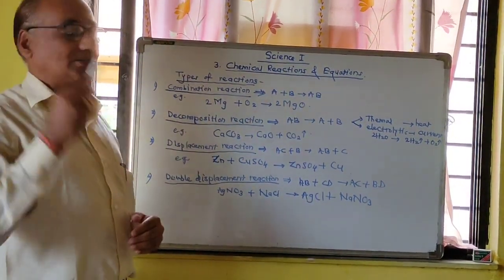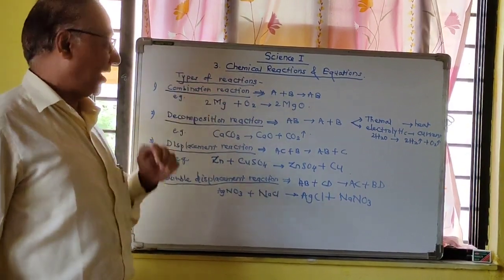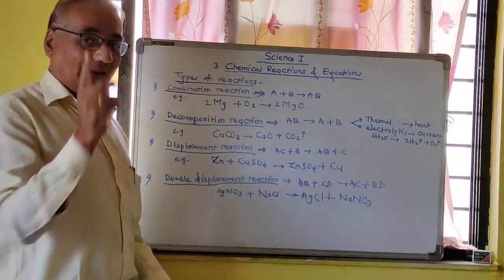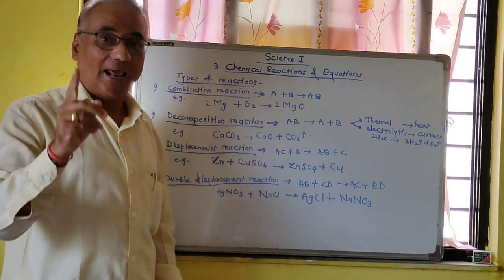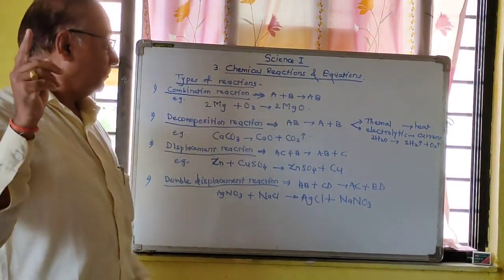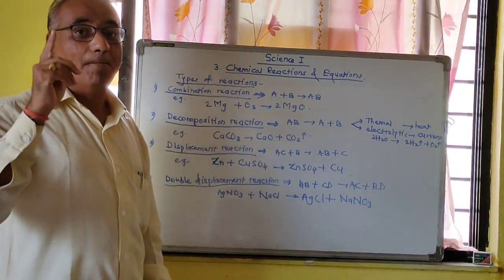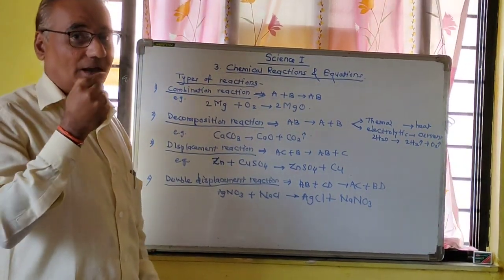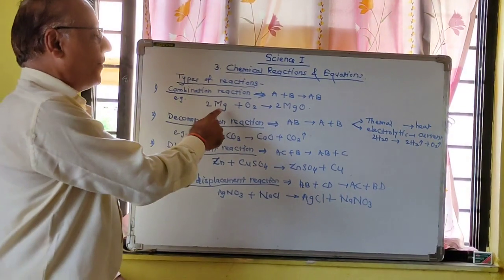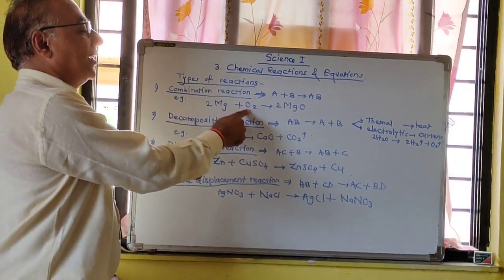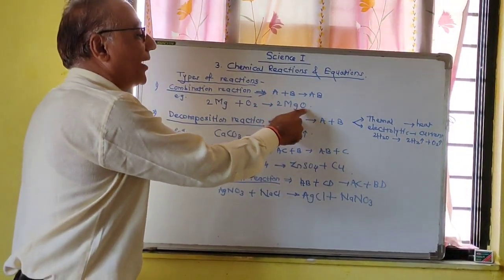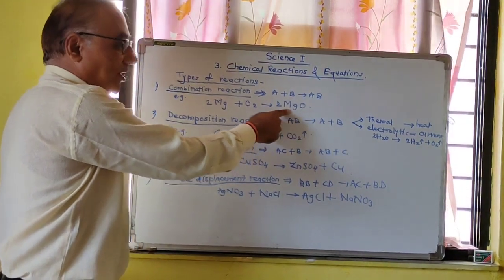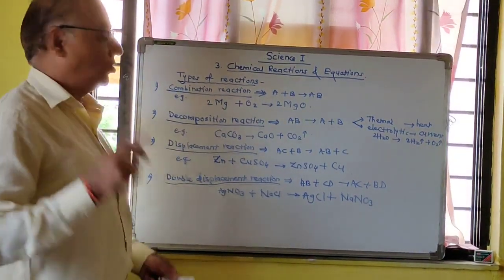Now let us try to understand one example of combination reaction. In standard 8 we already learned and performed the experiment of burning of magnesium ribbon. The same equation we are going to take here. When magnesium ribbon is burnt in air, there is a formation of magnesium oxide, which is represented by the chemical formula MgO.